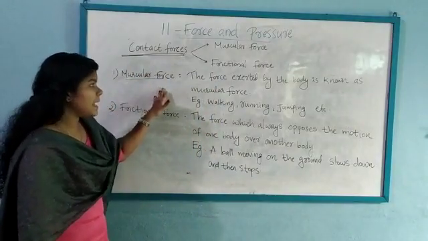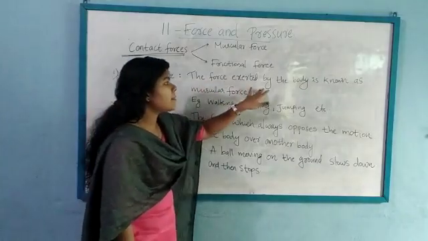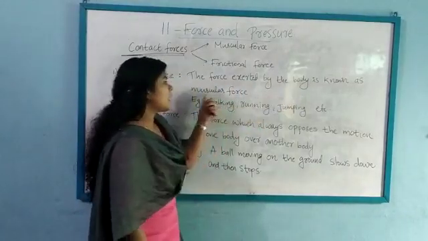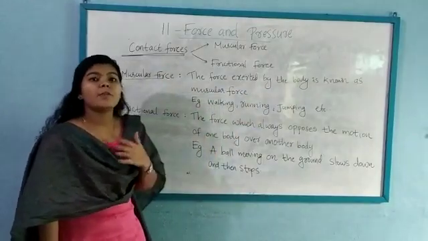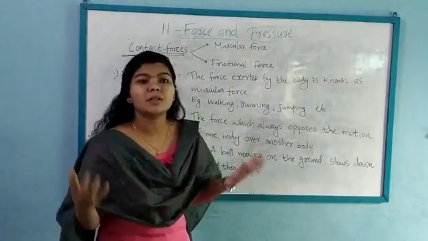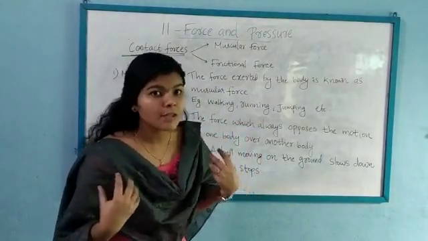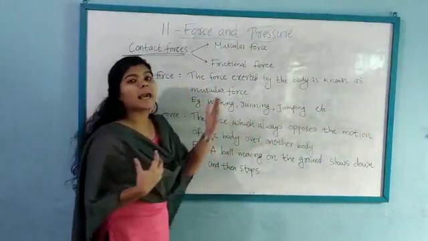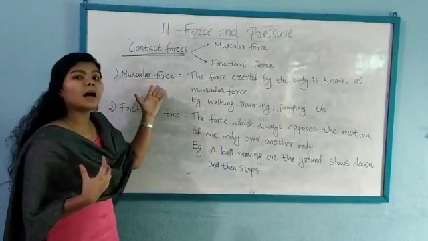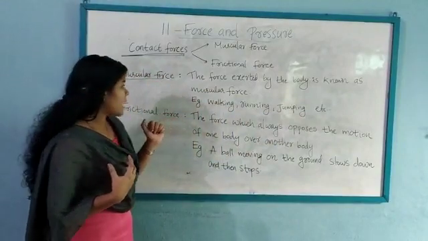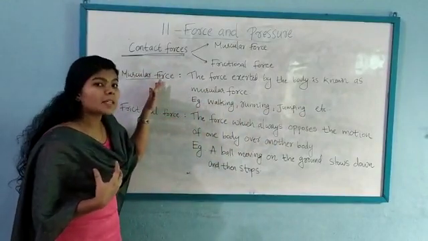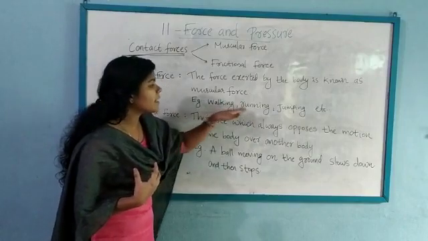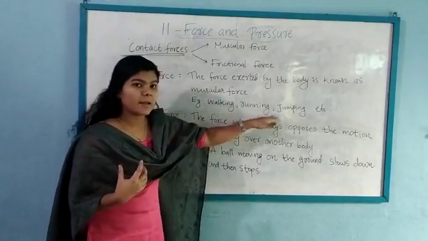Muscular force means the force exerted by the body is known as muscular force. We human beings do all the activities using our muscles, which means walking, running, jumping, etc. are the examples for the muscular force. Okay, it is this muscular force which helps us to do walking, running, jumping, etc.